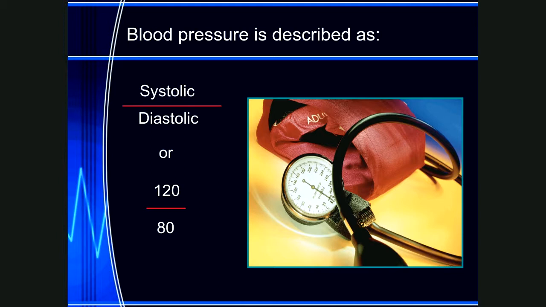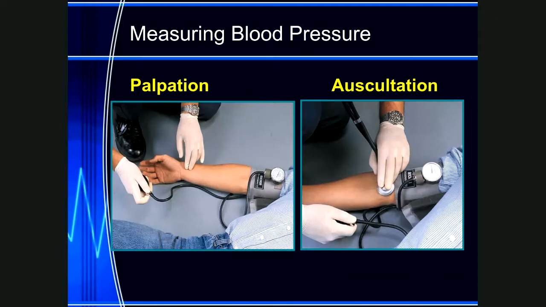Hypotension or low blood pressure could be normal in an elite athlete. So you have to look at your patient, form a general impression, and then when you check their blood pressure, think about your general impression. So we have two ways of measuring blood pressure.